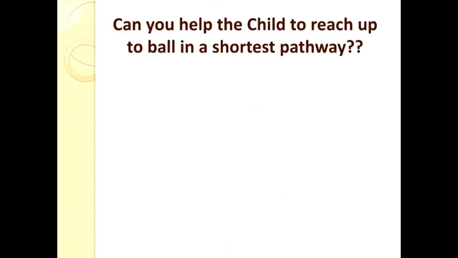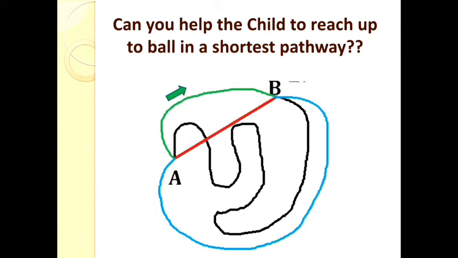Let's have one more example. Observe the picture and help the child to reach from point A to point B. Here, three pathways are shown to you. The green one, red and black.